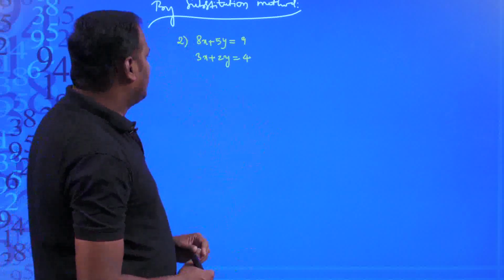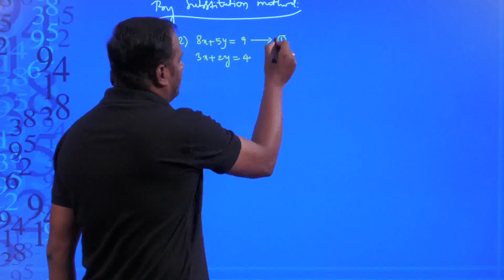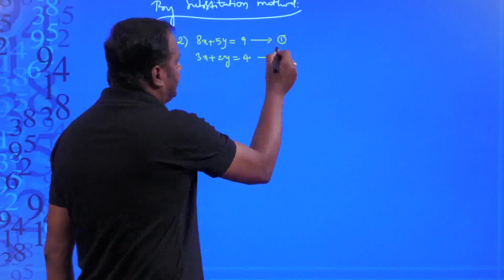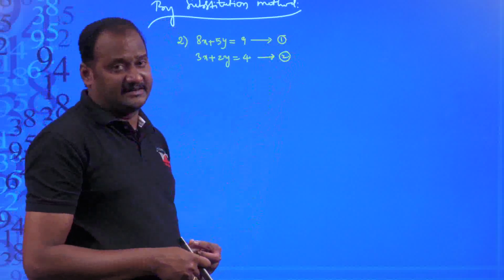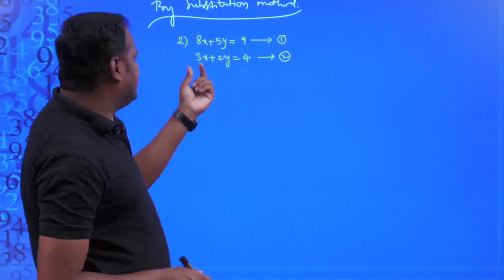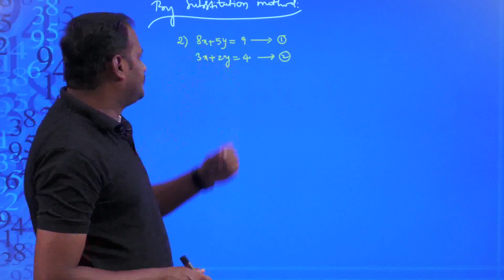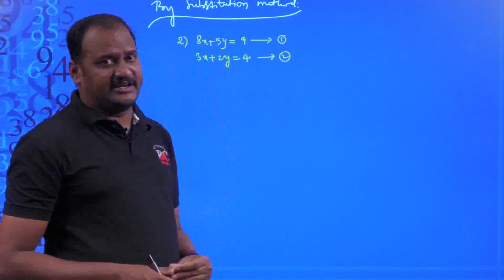Okay. Now, I am going to find the value of one of the variables, either the value of x or the value of y, by choosing the simpler linear equation. See, this is 8x and this is 3x. So, 3 is smaller than 8, and 5y and 2y, of course, 2 is smaller than 5. So, I can choose either.